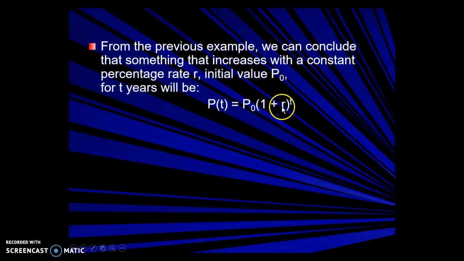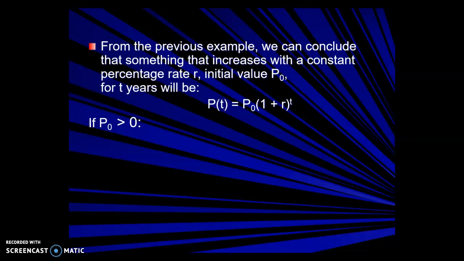And r is a rate, and it's almost always written as a decimal, because it's 5%, 5 divided by 100, 0.05. So you want to make sure that r is written as a decimal. And t is the time factor.